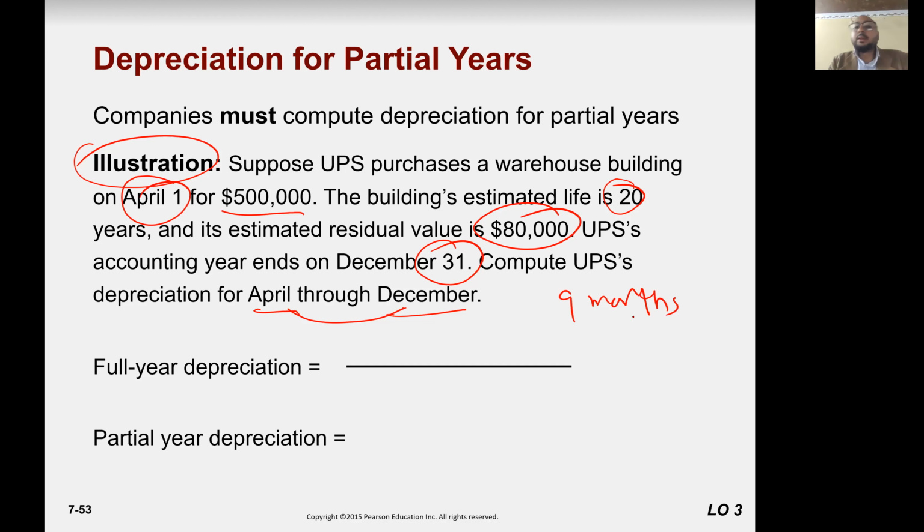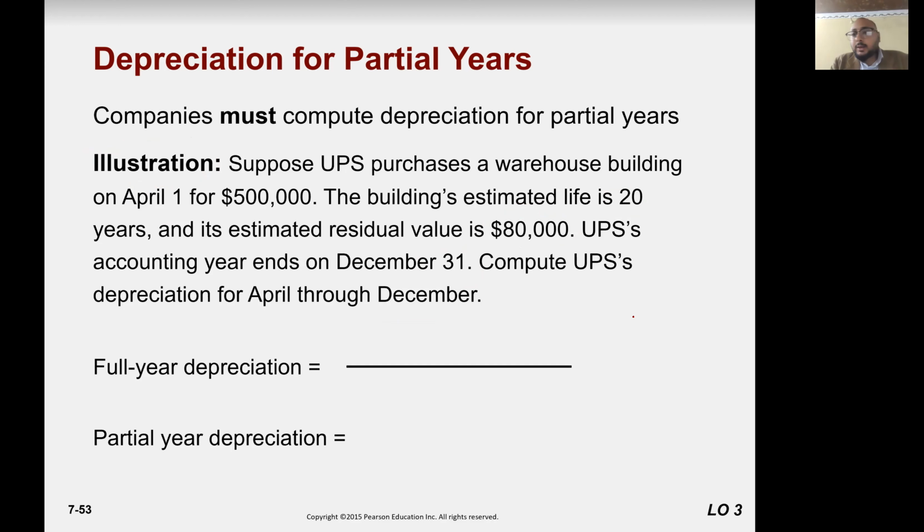All right. Let's talk about that. First of all, we find out the depreciable amount. Which method are they using? If the question is silent, always use the straight line method. So the depreciable amount is 500,000 minus the salvage value or residual value, divided by 20. The answer is 21,000.